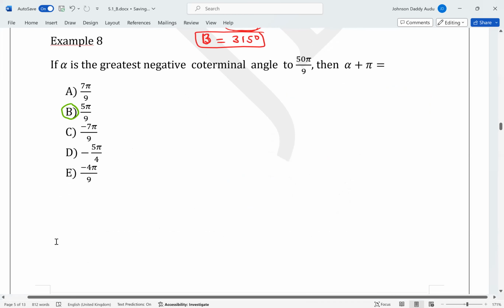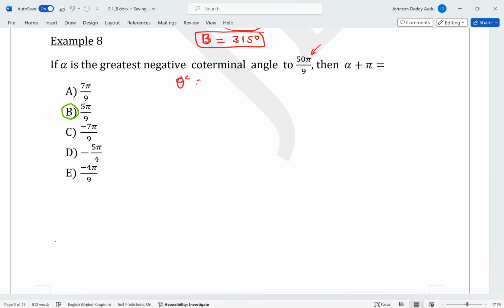All right. Now, example 8 is asking for the greatest negative coterminal angle, greatest negative. So how do you answer this one? You start with the same thing. Our coterminal is going to be, you see, this is a positive number, right?